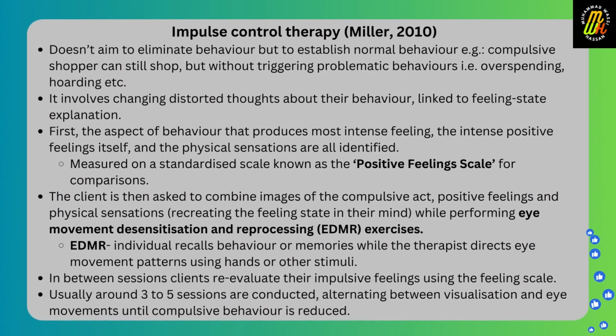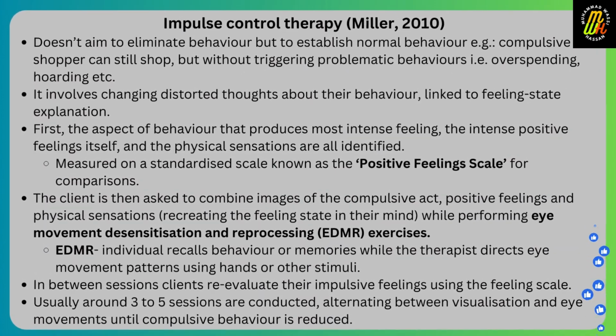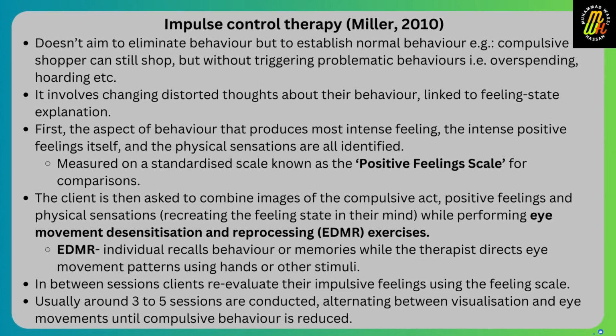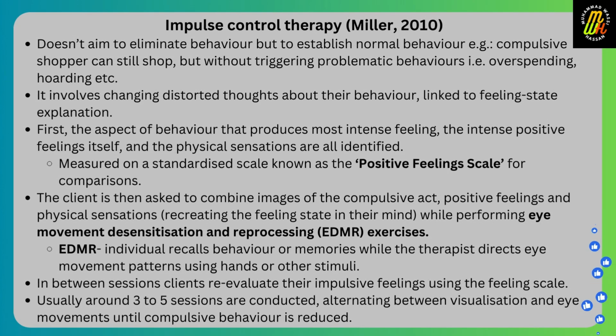Impulse control therapy, Miller 2010, doesn't aim to eliminate behavior but to establish normal behavior. For example, a compulsive shopper can still shop, but without triggering problematic behaviors, that is overspending, hoarding, etc. It involves changing distorted thoughts about their behavior linked to feeling state explanation.